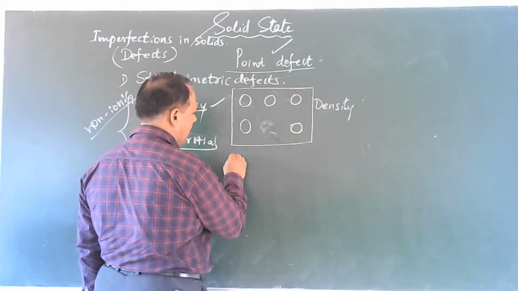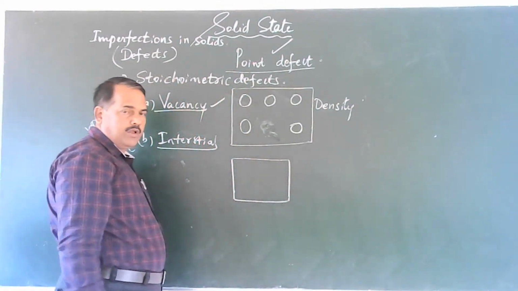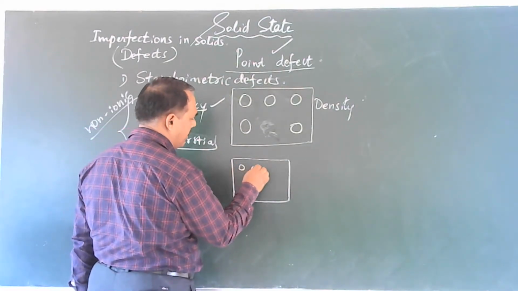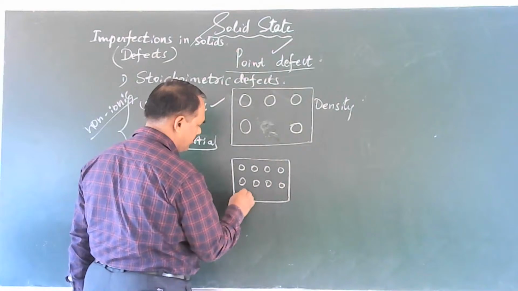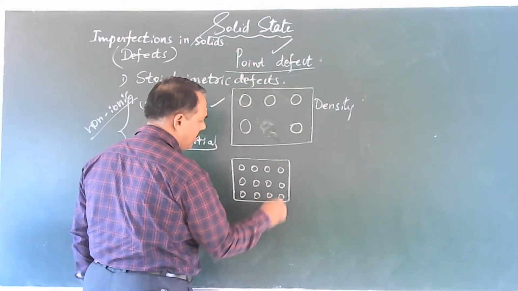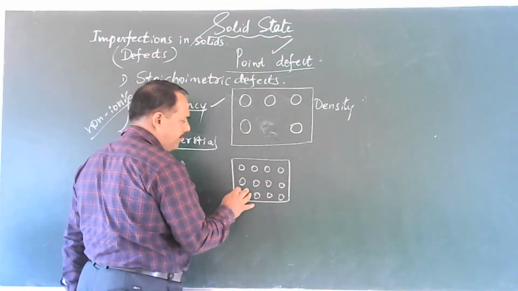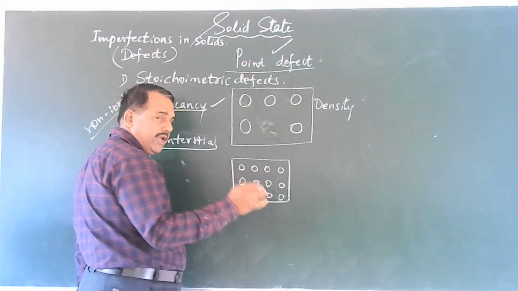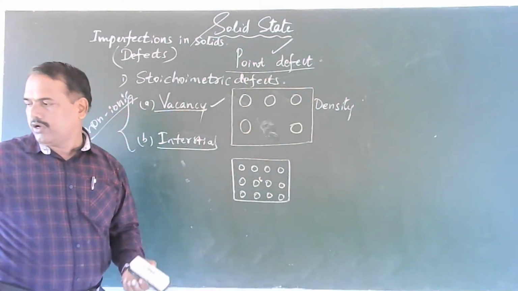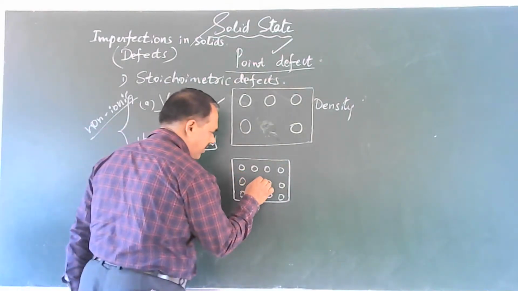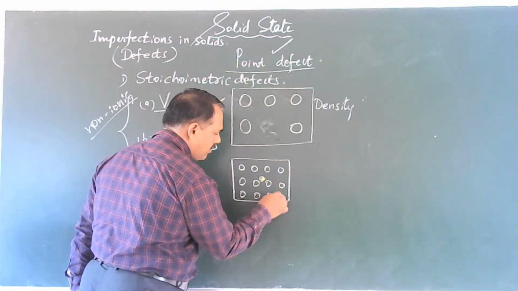Okay. We shall study interstitial defect. See, in interstitial defect, imagine it's a lattice. We have certain particles arranged like this, and in this lattice, one or two particles are arranged in the interstitial positions, like this, you can see. See here also.